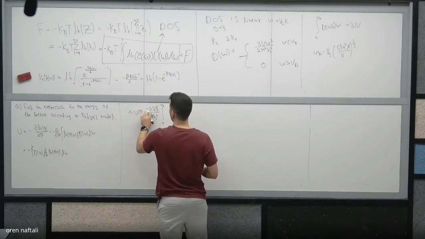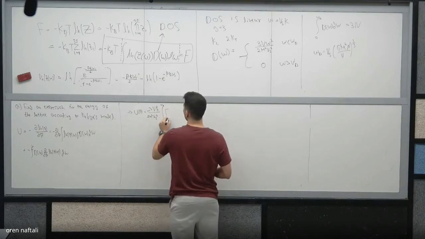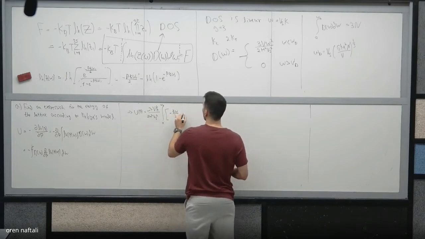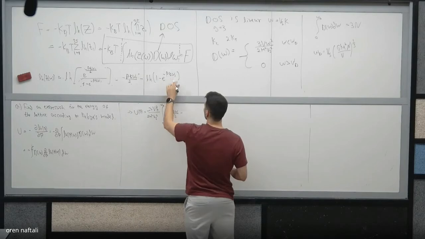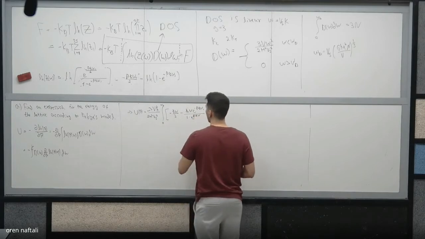Okay? It's minus the derivative, but minus all that. So it's minus h bar omega over 2 minus beta h bar omega e to the minus beta h bar omega over 1 minus the same. Right?